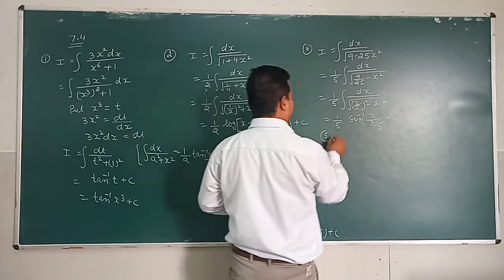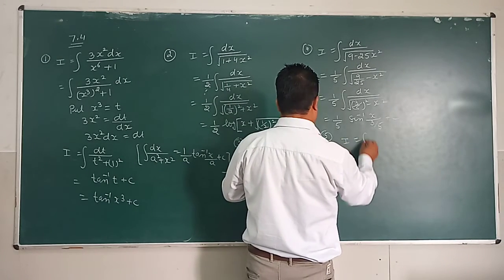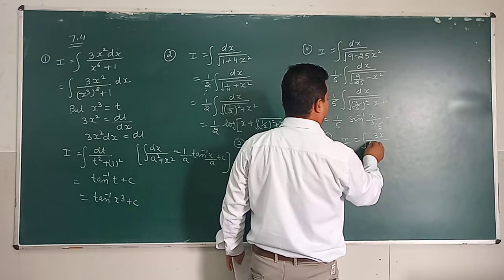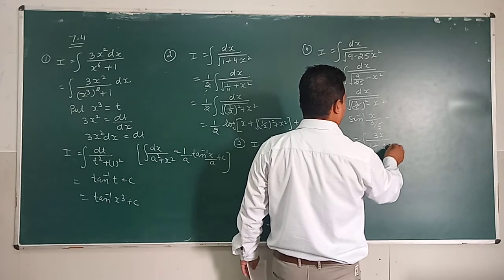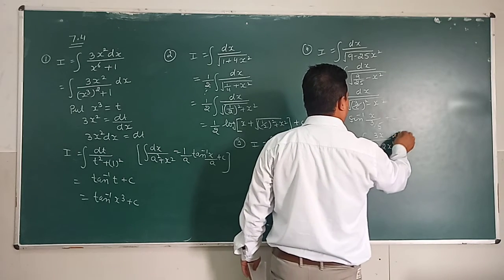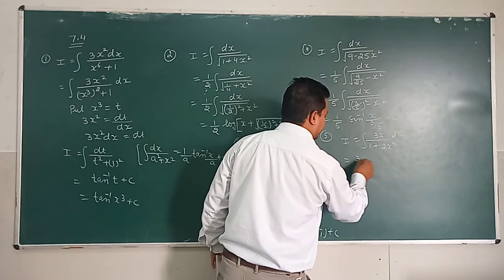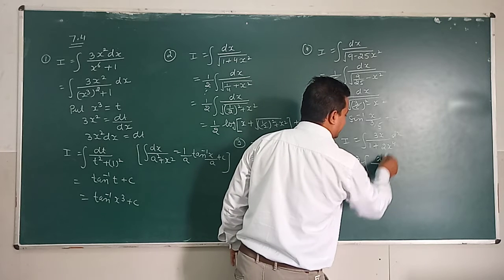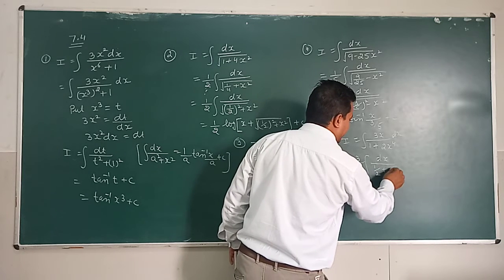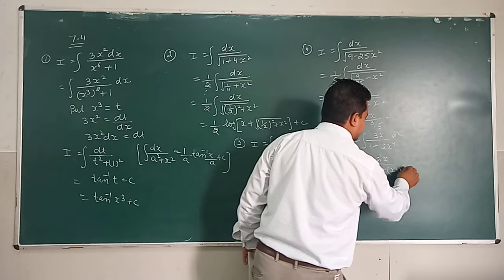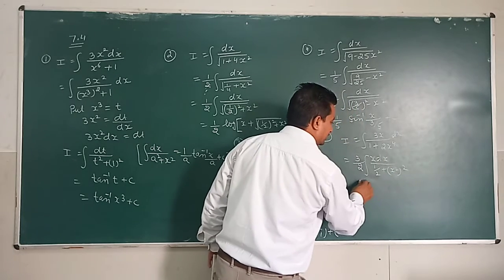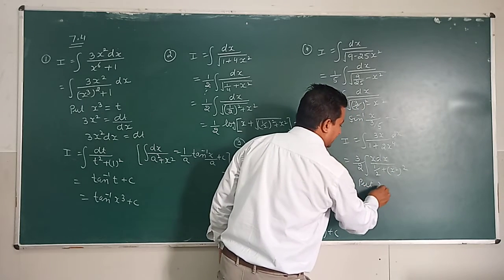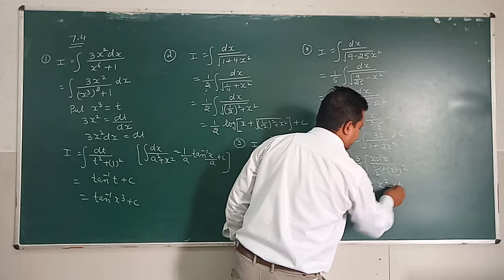In question number 5, the statement is 3x upon 1 plus 2x power 4. First we make the coefficient of x4 unity by taking 2 common and write x4 as x square whole square, and then put x square is equal to t.